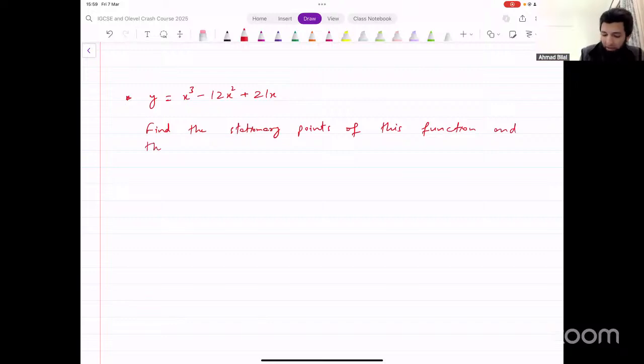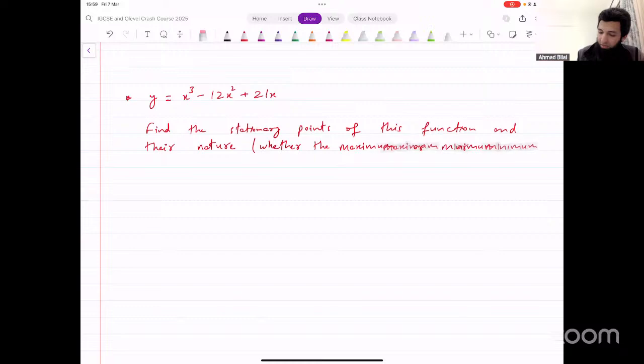and their nature. Now that's a terminology that you need to be familiar with. Nature of stationary points. Nature means whether they are maximum or minimum.